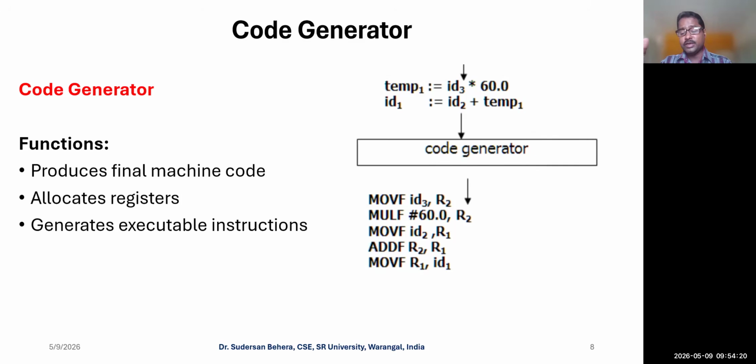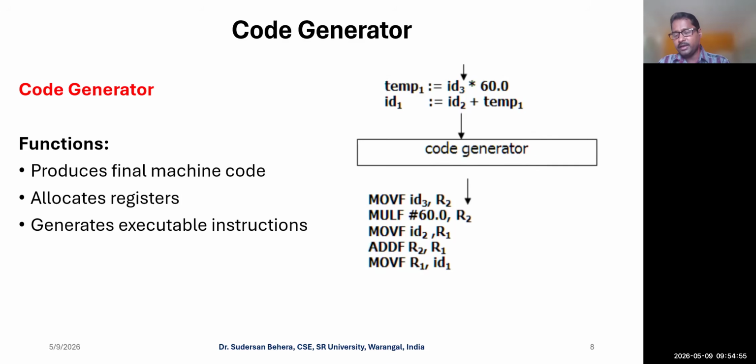Ultimately, as this expression holds floating point numbers, all the instructions will automatically add F to the original instruction. Try to understand: MOVF id3, R2. That means whatever is in id3, you first store in R2.